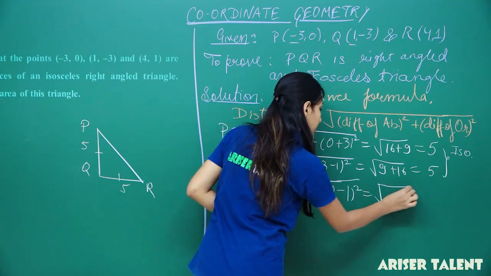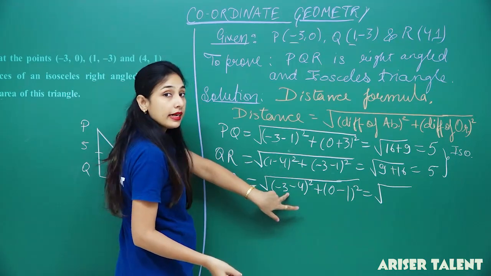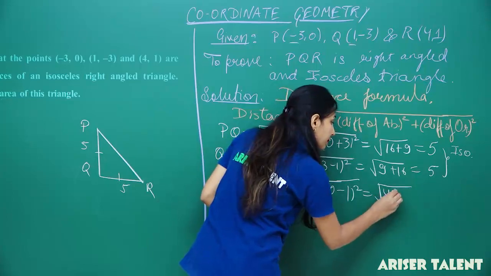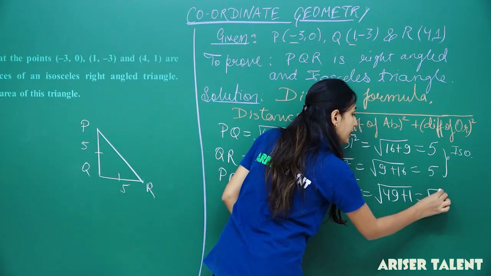Now that will become -7 square, 49, plus 1 square, so root 50.